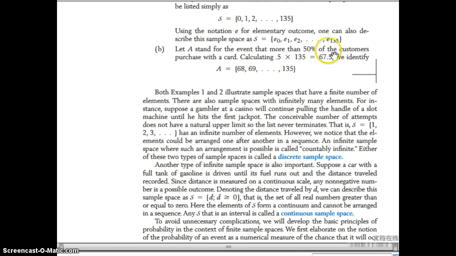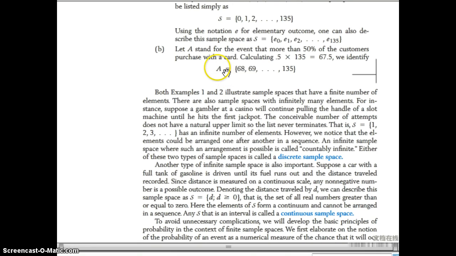But we have to take a whole number, so it's more than 67.5. That would be 68. So we may have 68 customers who used a card, or 69 customers who used a card, and so on, all the way up to the maximum number of customers, 135 customers who used a card.